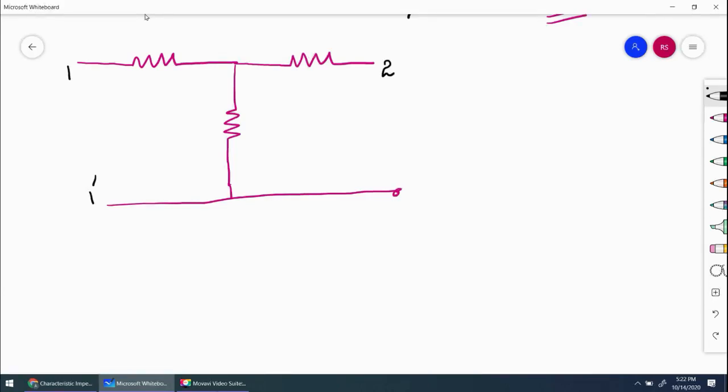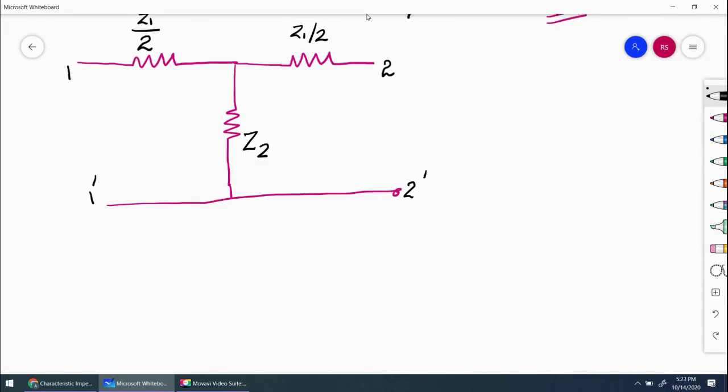This is port 2, which is given by 2 dash, and this is Z1 by 2, and this is also Z1 by 2, and this is Z2. So this is the symmetrical T network shown in the figure.